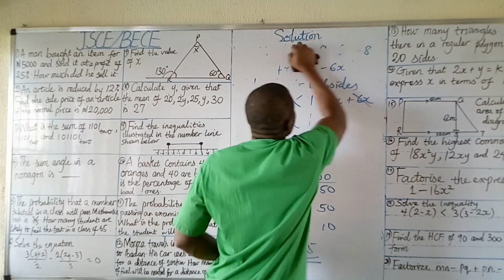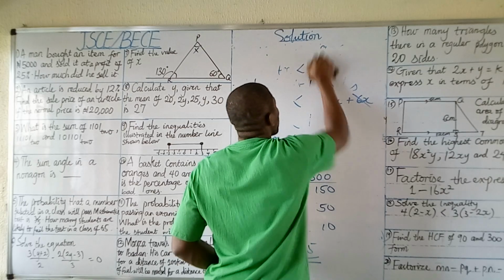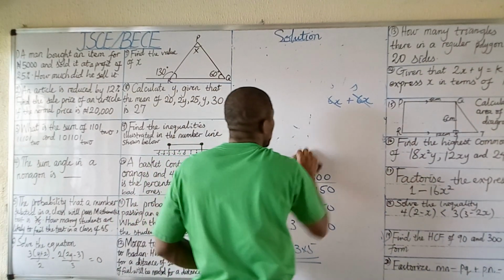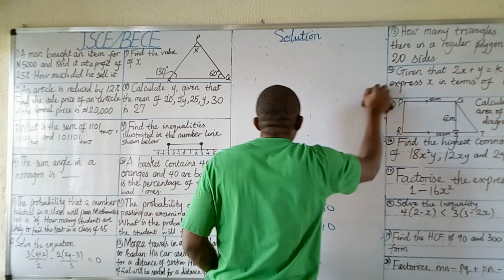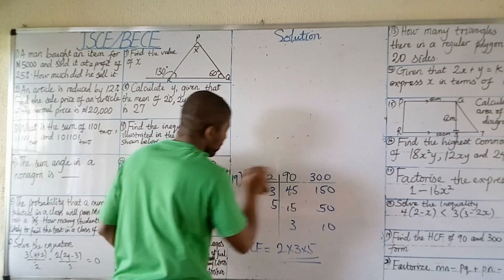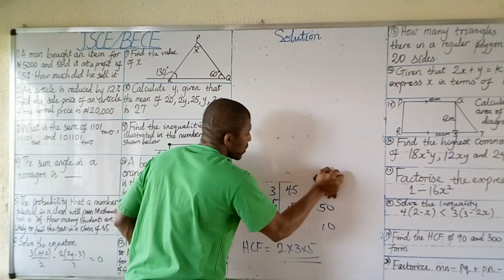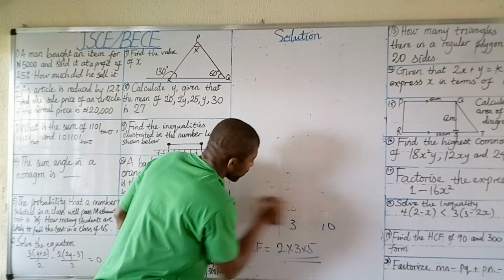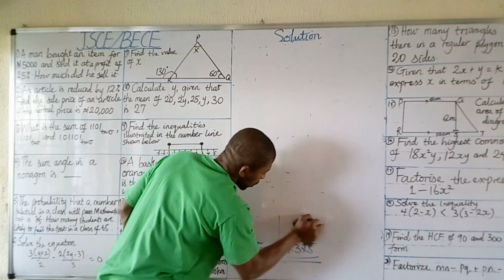We raise the board here to have more space to answer question number 20. Believe you have seen question 19. Everything is clear. Good. So let us move to question 20 now.